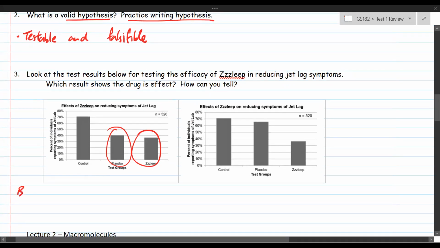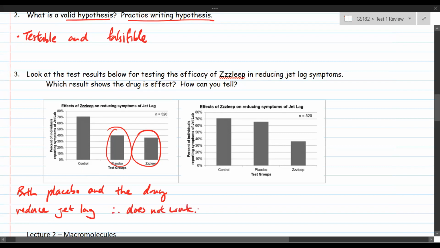So in this case, both placebo and the medicine reduce jet lag, therefore it does not work. Because if the placebo works as good as the actual drug, why do I need the drug? Why don't I just take the placebo? This is telling you it's mostly a psychological effect.